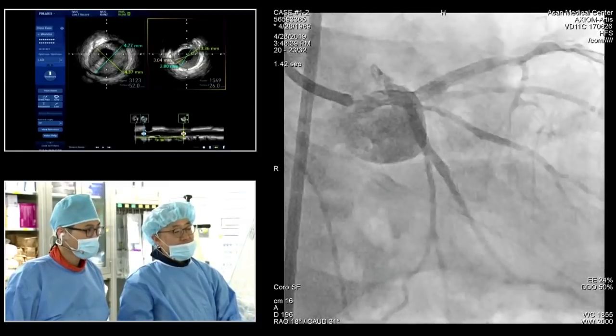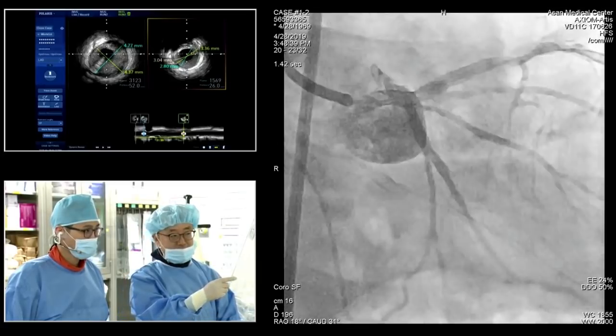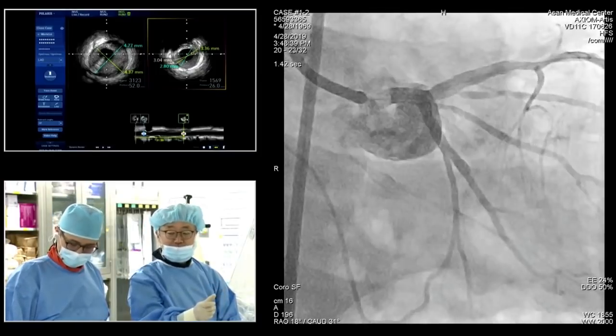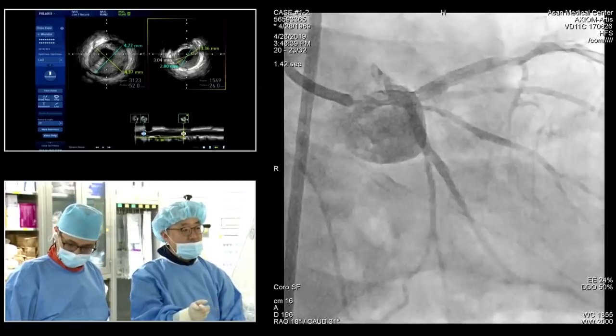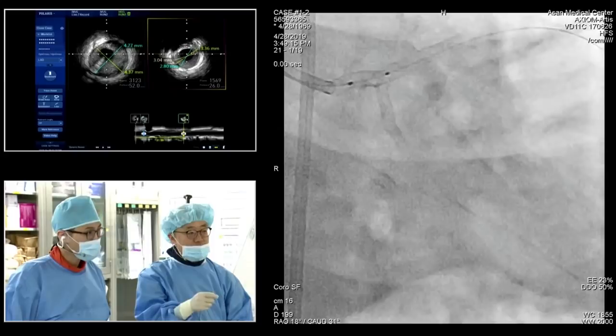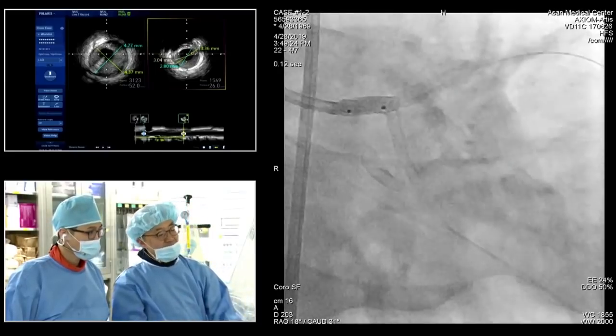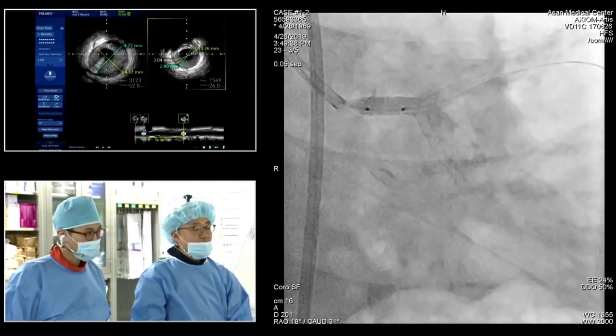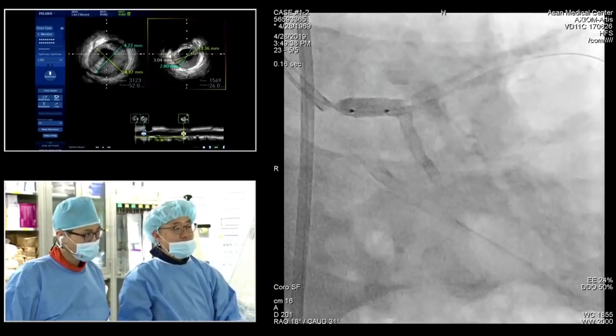And then immediately we remove the side branch and the main system, and we do an additional POT using a 4.5 short non-compliant balloon. Next one. This is our positioning of the POT, 4.5 non-compliant balloon. This is the POT, and next one. And pulling back the 4.5, we fully inflated the left main ostium.